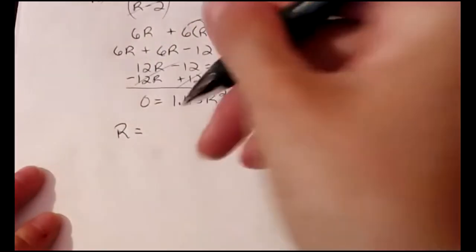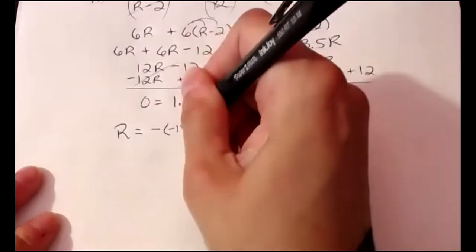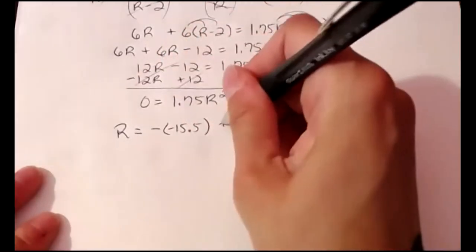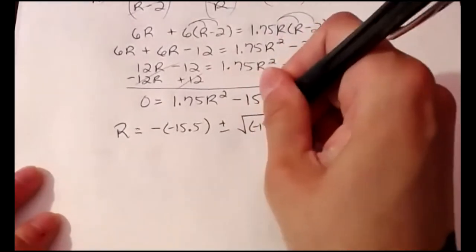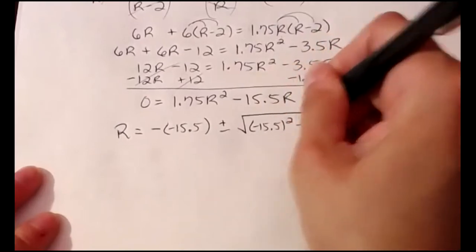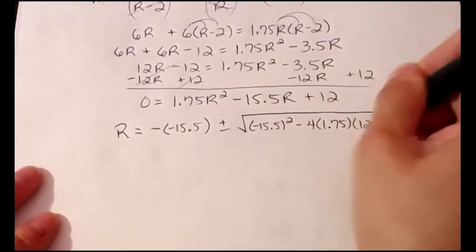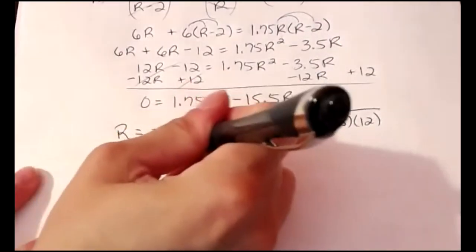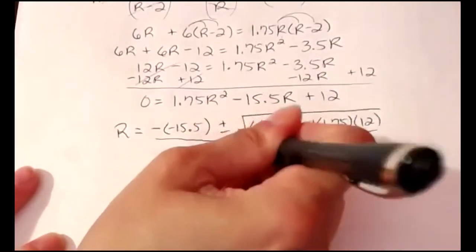So R is equal to negative B. B just happens to be negative. It's not a big deal. So negative B plus or minus the square root of B squared minus 4 times A times C all over 2A.